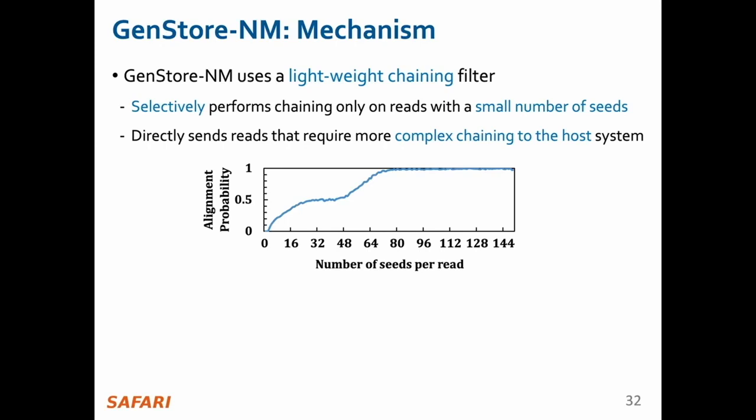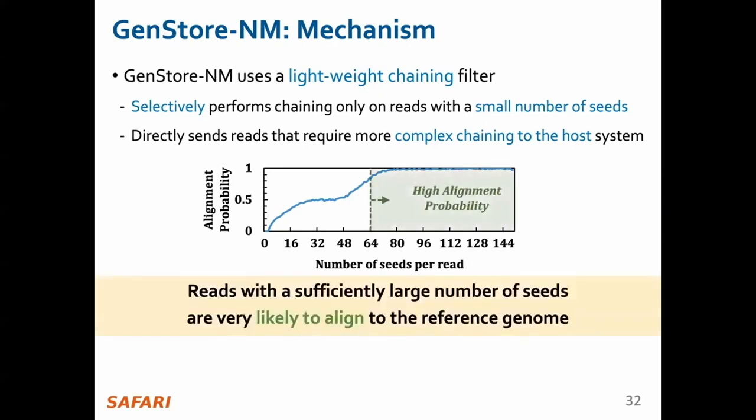This figure shows the alignment probability of a read in a long read data set to subsequences in the reference genome as a function of the number of seeds per read. We observed that reads with a sufficiently large number of seeds are very likely to align to subsequences in the reference genome, and such reads can be directly sent to the CPU or an accelerator for full read mapping, bypassing the in-storage filter.